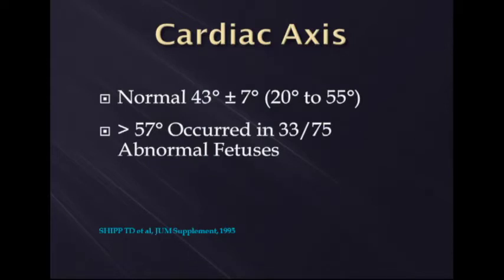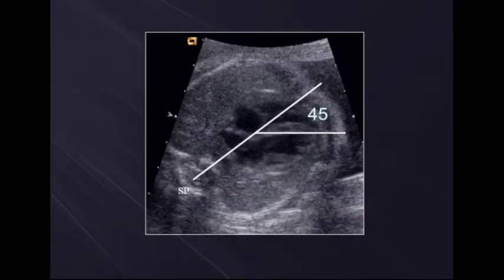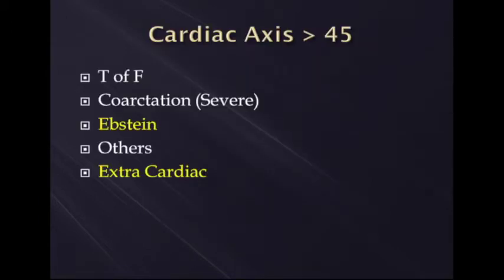I'll show you what the normal axis is, usually about 45 degrees. So we draw a line from anterior to posterior, from the spine anteriorly to the sternum, and then draw another line down the interventricular septum. That should be about 45 degrees. It can be too big or it can be too small.